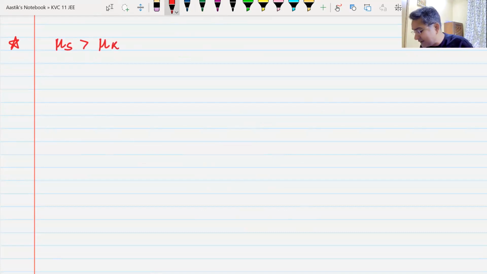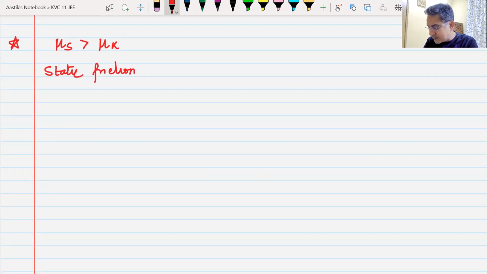The other way in which we say this is, static friction is always greater than kinetic friction. This is how we say in normal day-to-day life that the static friction is always more than the kinetic friction.